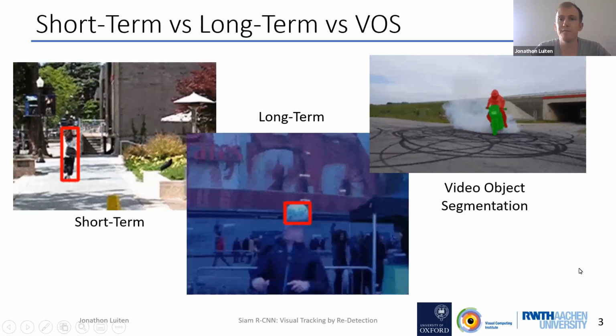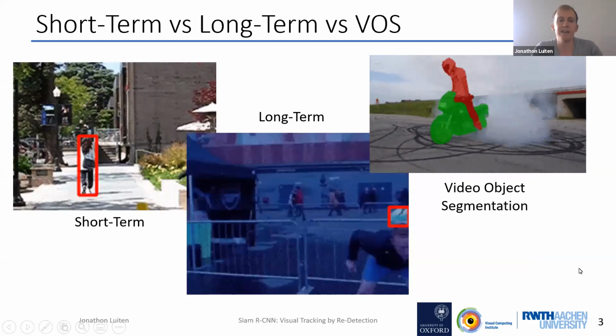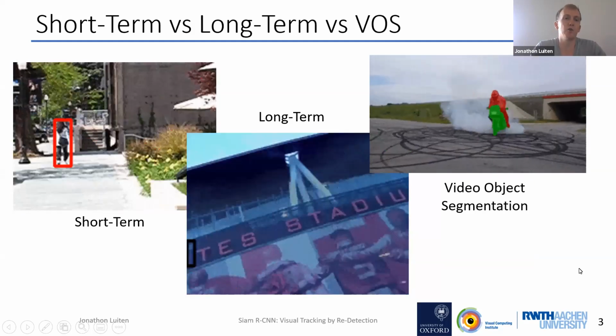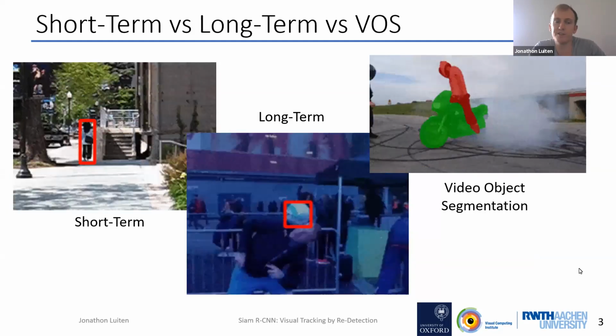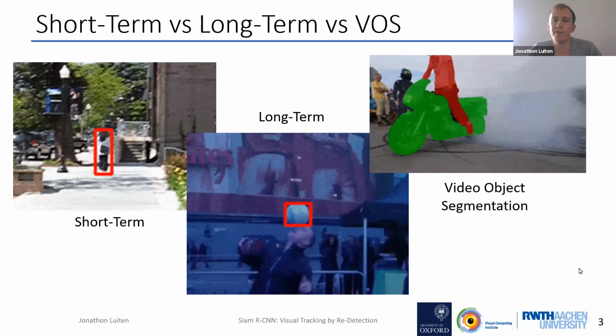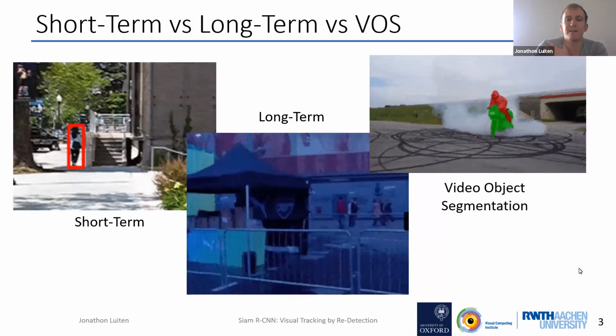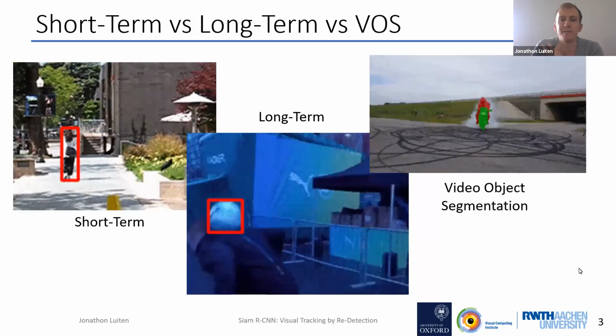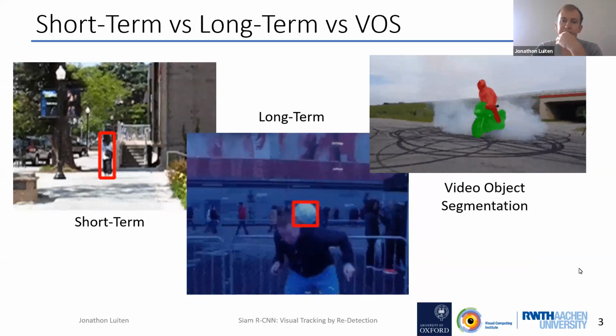There's a number of different versions of this that we're going to look at here. Short-term tracking: typically videos are short, but still can be long, but the object is usually present in every frame. This contrasts to long-term tracking, which you can see here, where the object disappears, and then you have to re-find it and track it again after reappearance.